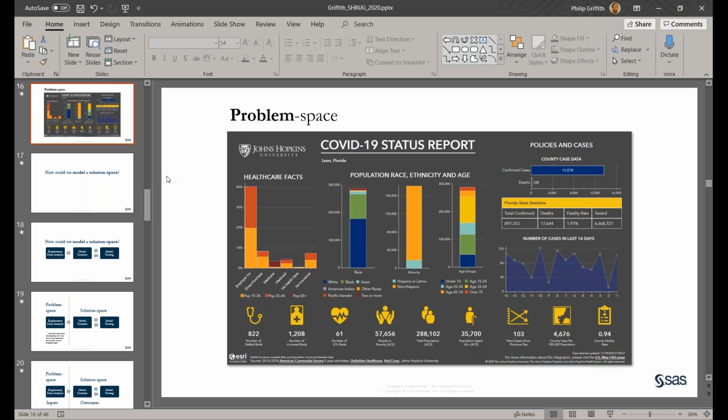I just look at the things on the bottom, and they're given with such precision. The county fatality rate to 2 decimal places. And none of this answers any questions that I certainly have. I guess I was wondering, if I know that the vast majority of people in Leon County are non-Hispanic, why is that information important?